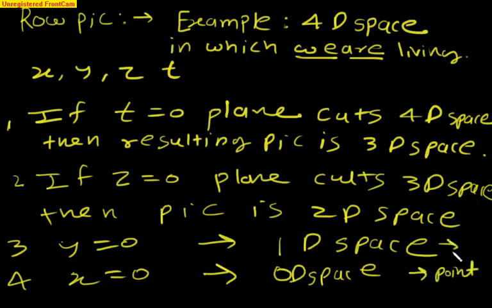The general principle is that at each intersection the dimension of the space gets reduced by 1. If the dimension is n, then the next intersection will reduce it to n minus 1, after that n minus 2, after that n minus 3, likewise.